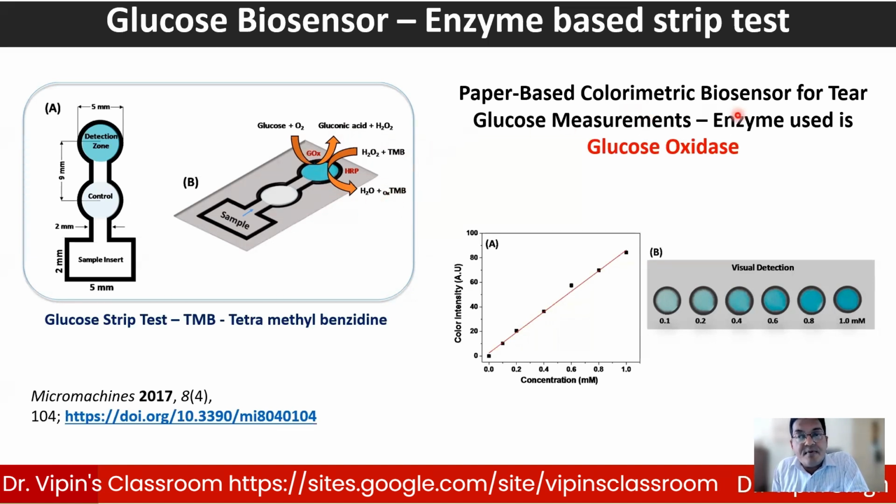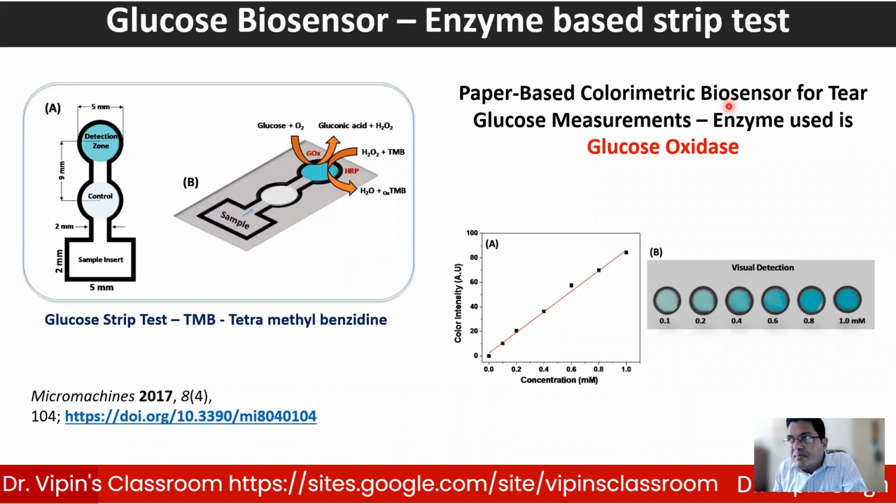So paper-based colorimetric biosensors for tear glucose measurement use the enzyme glucose oxidase. So one important difference here is that this is meant for this. Here you're not testing for blood. You're testing the glucose levels in tear, and then you're correlating it to the glucose levels in blood. And the major problem with such tests is, and if you've done your quiz, you would see there was a question: what is the major limitation of these wearable biosensors or other types of biosensors?